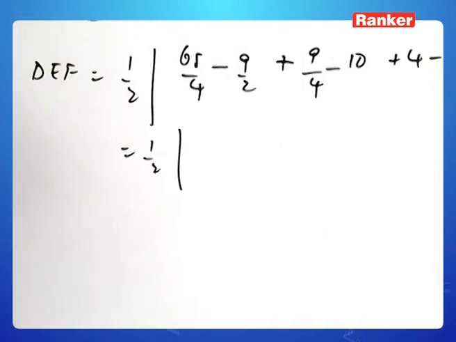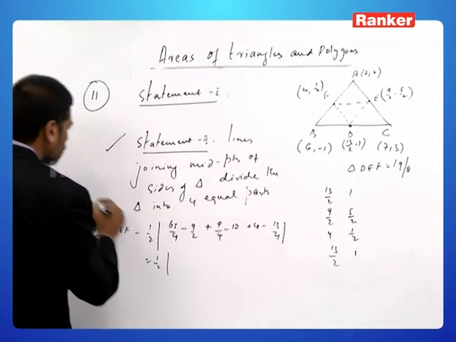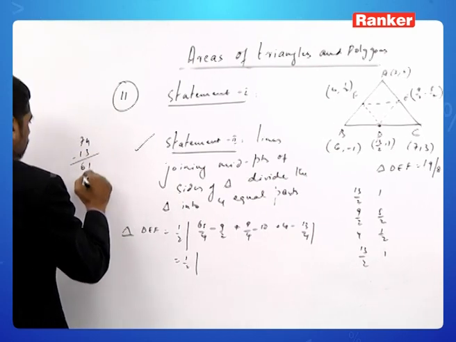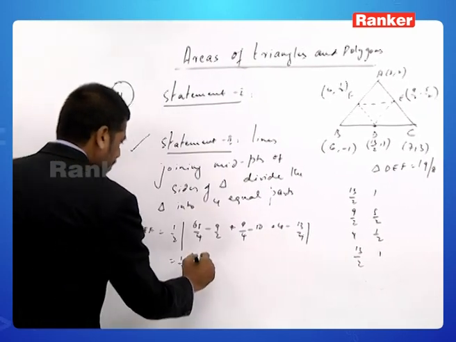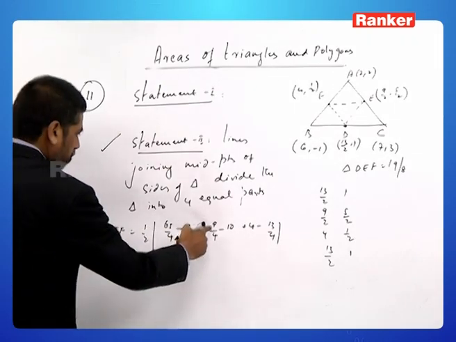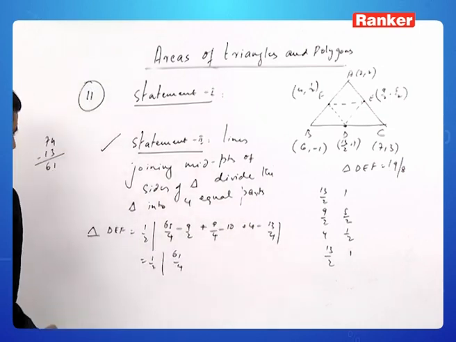Half mod. 65 plus 9 is 74. 74 minus 13 is 61. 61 by 4.